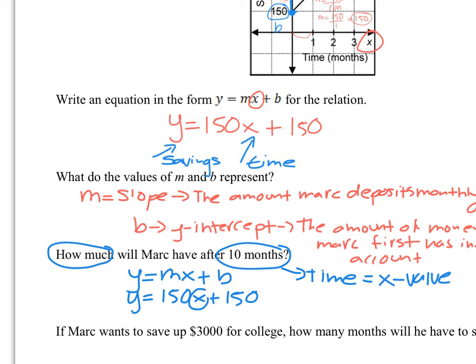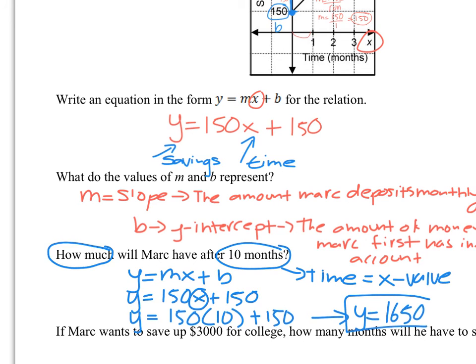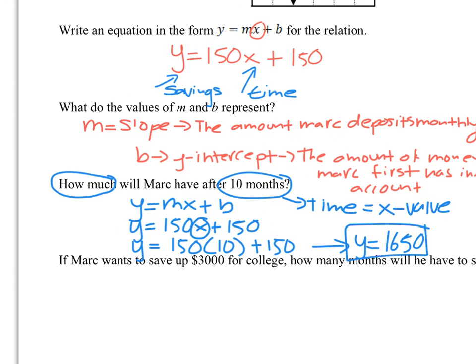So now I'm going to replace my x with the time that's given to me of 10 months, and I'm going to use my calculator to solve. 150 times 10 plus 150 is 1650. And then you can write a therefore statement saying that after 10 months of saving, Mark will have $1,650 in his account.